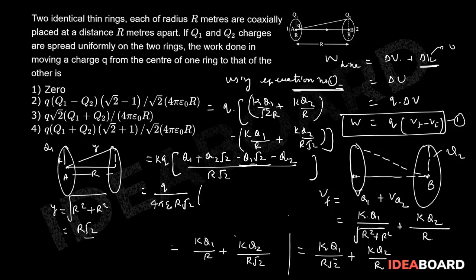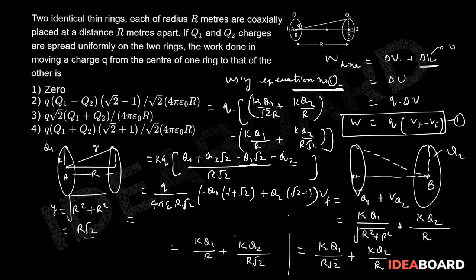From Q1 you can take common 1 minus root 2, or take the minus, so this will be root 2 minus 1, and plus Q2 root 2 minus 1. Perfect.